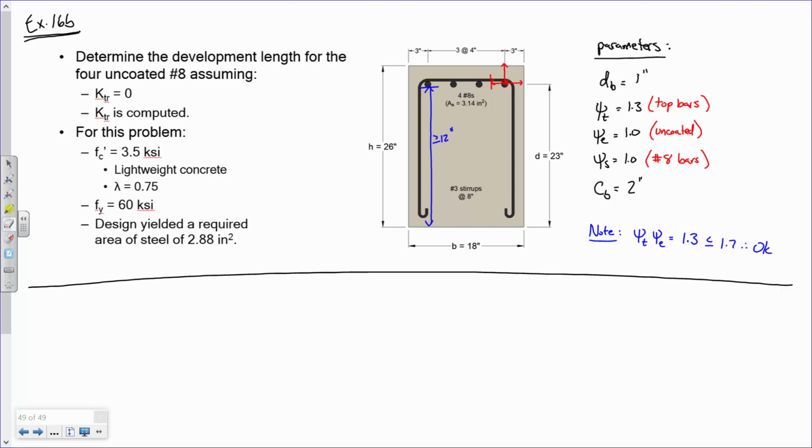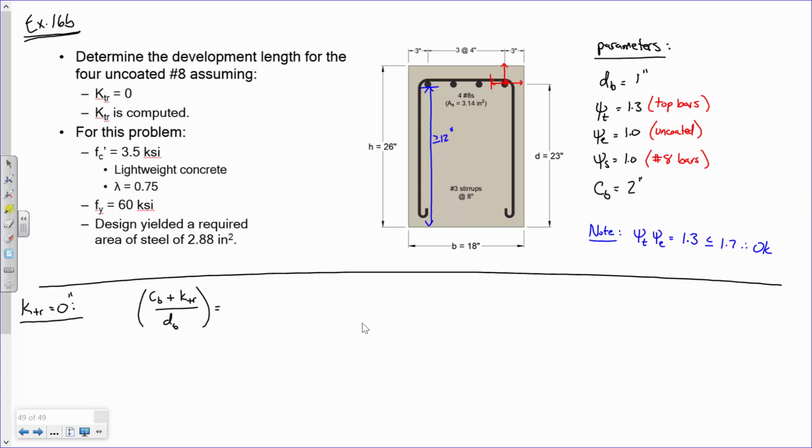So this is just to get everybody's memory banks flowing. So we're going to do this calculation twice. We're going to start off with KTR is 0. Remember, that's KTR is 0 inches, because remember that's in inches. And then we're going to compute. So let's start off. Let's compute C sub B plus KTR over dB.